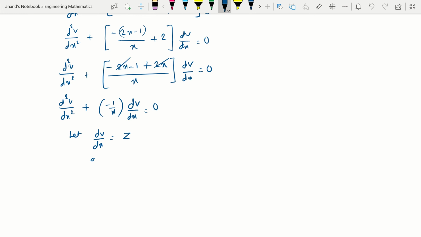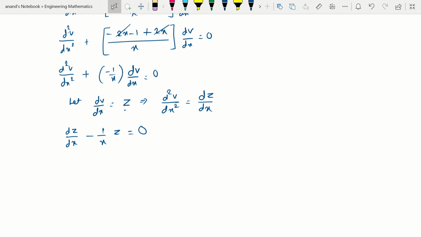So we get d2v by dx2 as dz by dx, and hence from the above equation we get dz by dx minus 1 upon x dv by dx, and in place of dv by dx we have z, so equals 0.